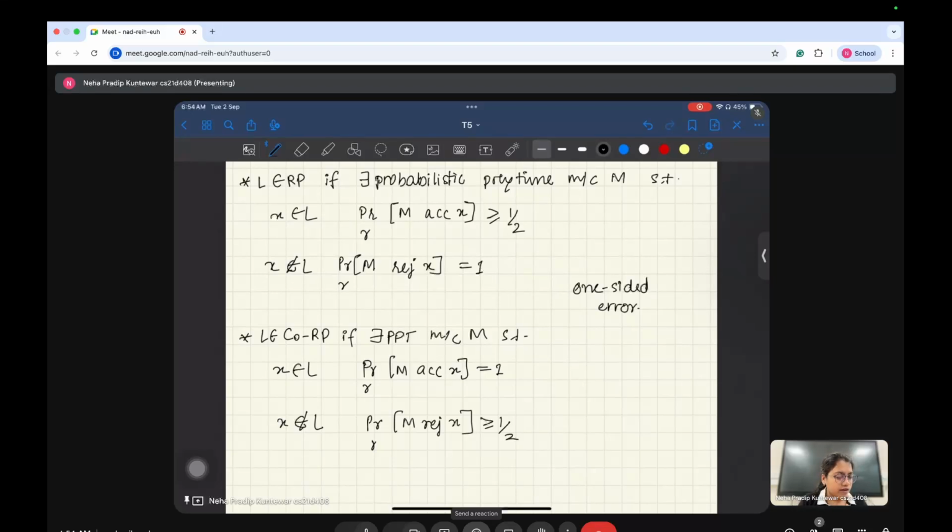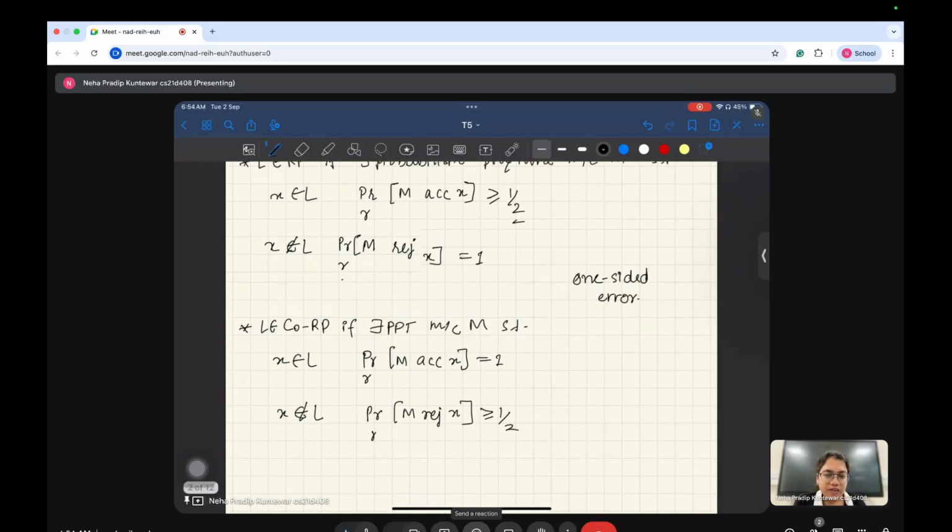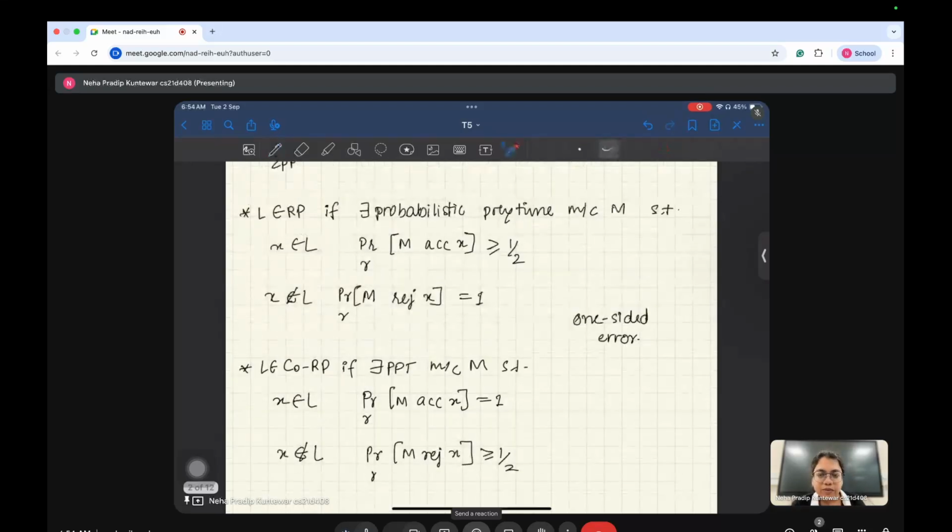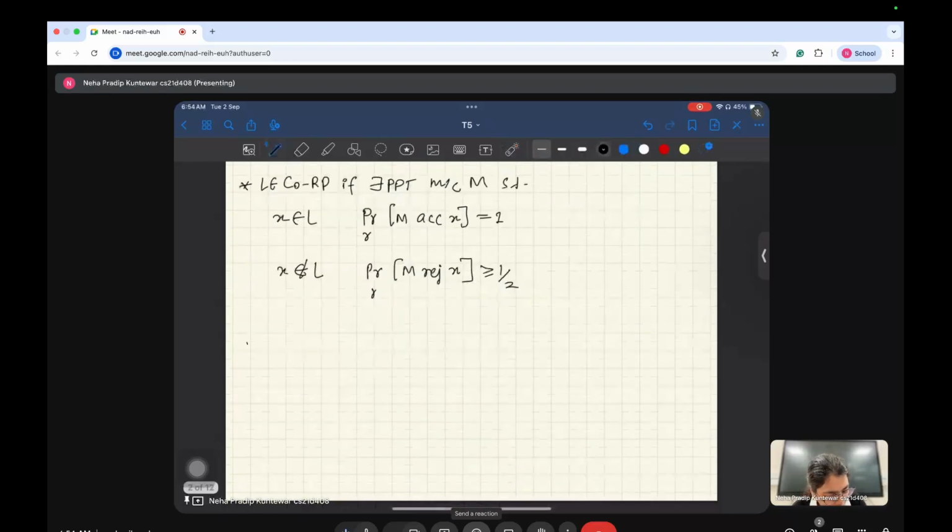Now we can ask whether there can be machines that make errors in both scenarios. Instead of having a guarantee in one case, what if we have machines that are allowed to make errors in both cases? So we define our language class BPP, which stands for bounded-error probabilistic polynomial time.